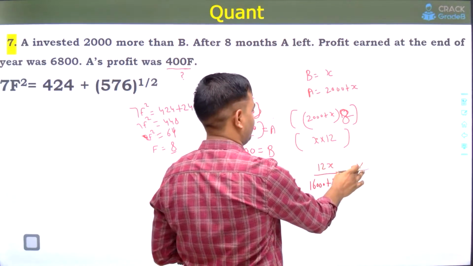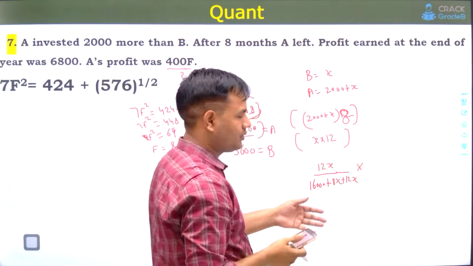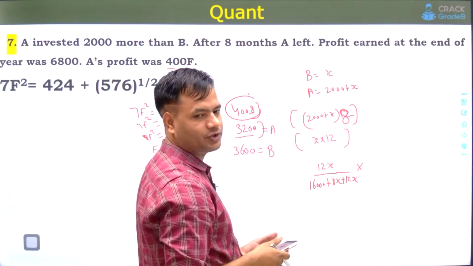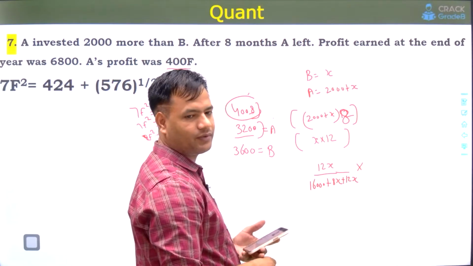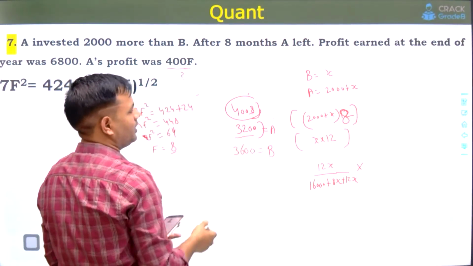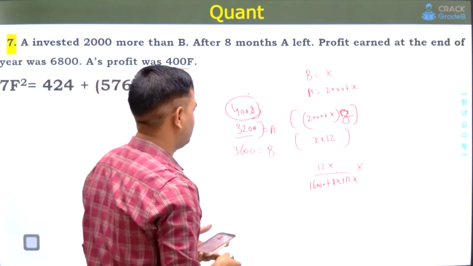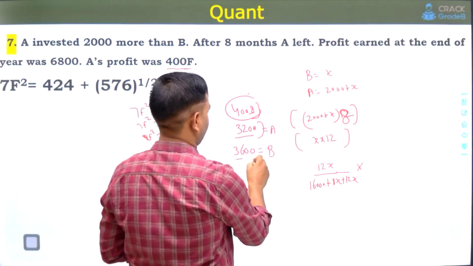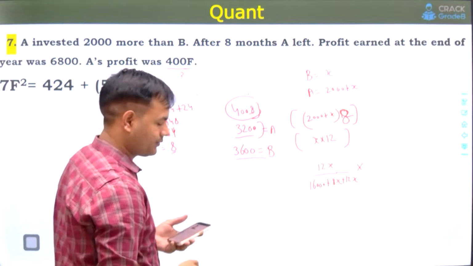This will be B's profit, 12X by total ratio in the profit, whatever ratio you will get in the profit. So accordingly we will put this equal to B's profit, and we can calculate.